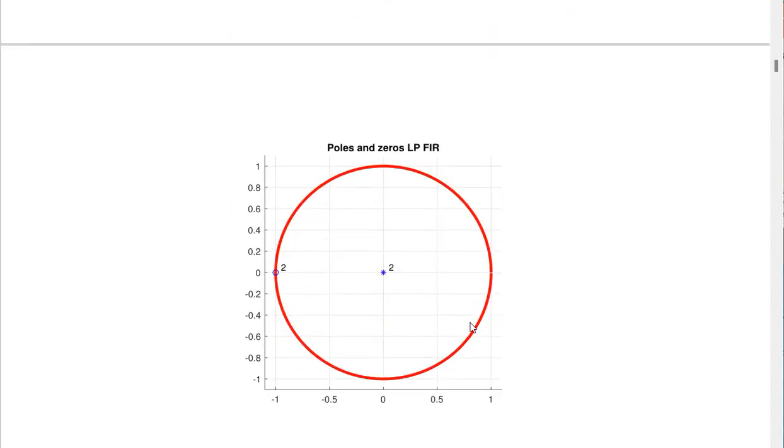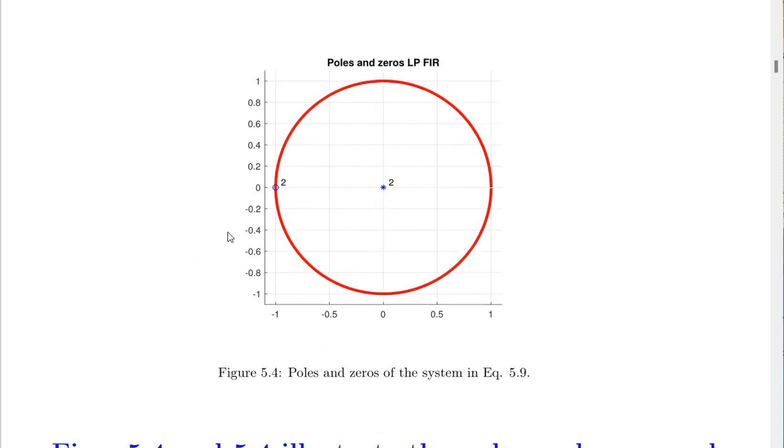Now here you see 2 poles at the origin and 2 zeros at 180 degrees, or z equals minus 1. Okay? So we want to investigate the effect of having a second order low pass filter.